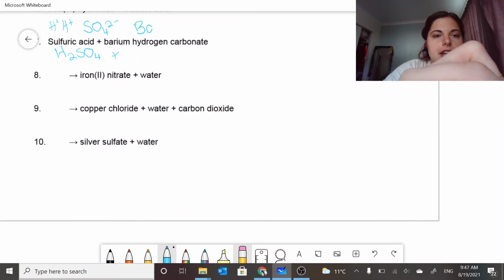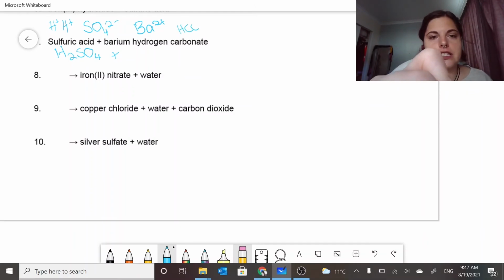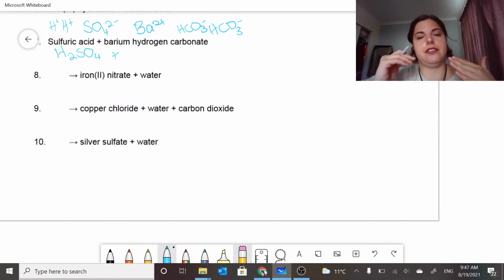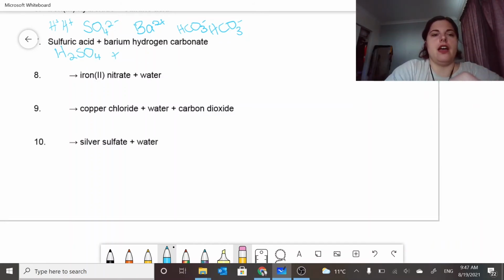barium, which is Ba2 plus, hydrogen carbonate. Hydrogen carbonate is our HCO3 minus. We're going to need 2 of those in order to make sure that the barium 2 plus is balanced with the 2 negative charges. 2 plus, 2 minus, samesies.